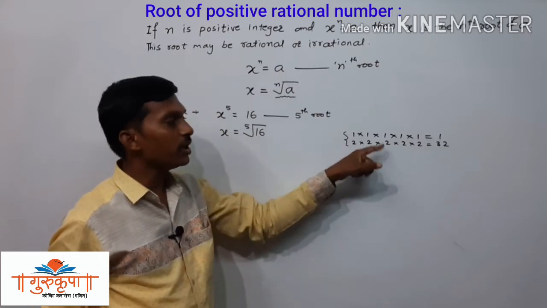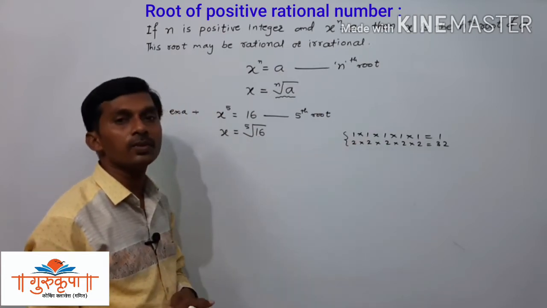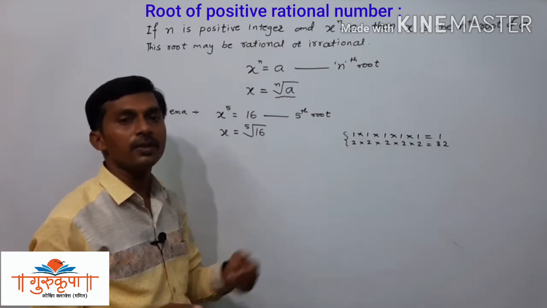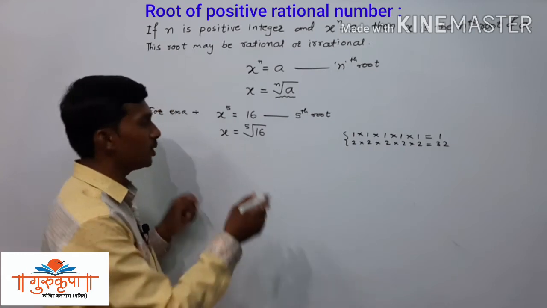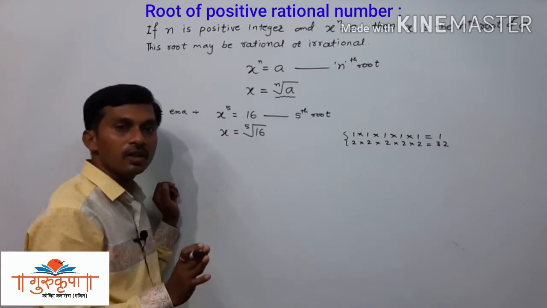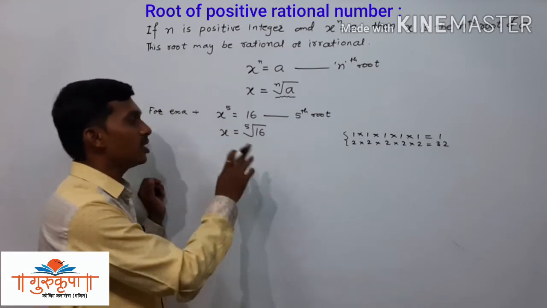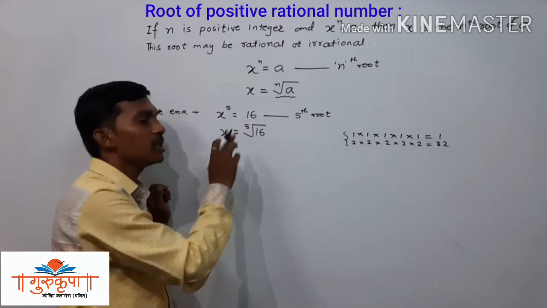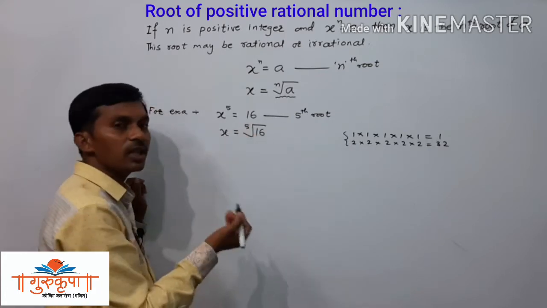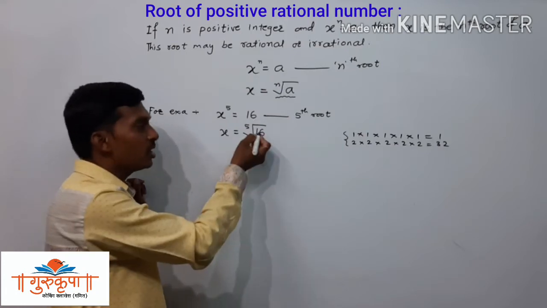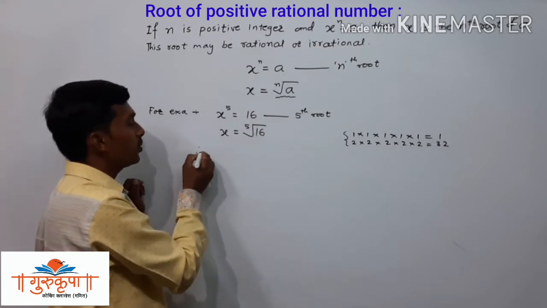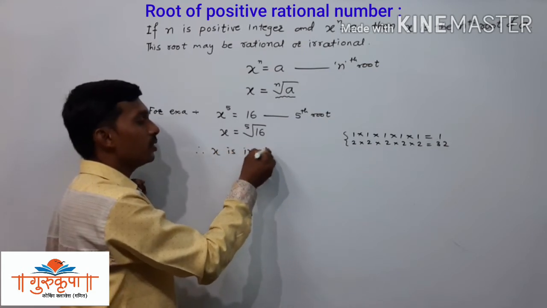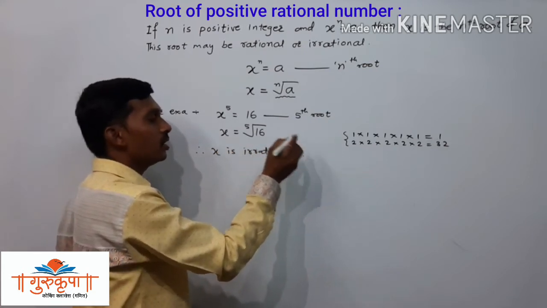And there is no natural number between 1 and 2. Since we do not have any number such that the product of that number 5 times is 16, this is irrational. Therefore x is irrational.